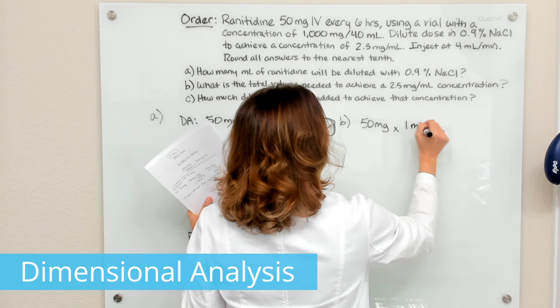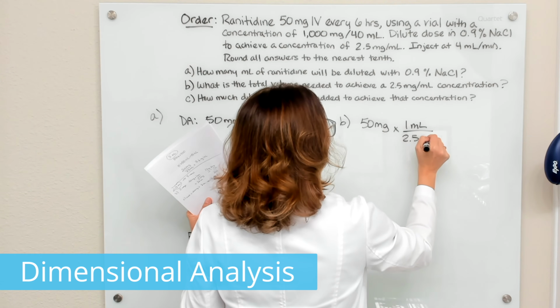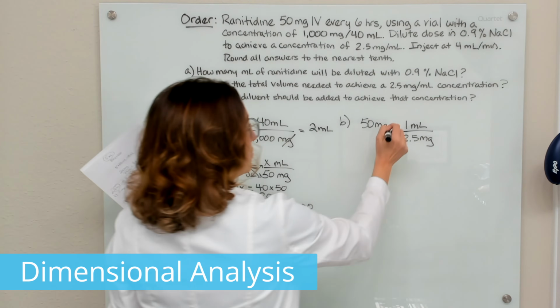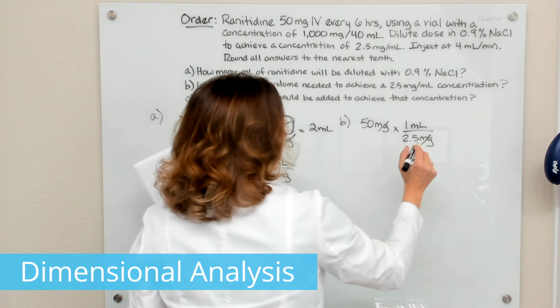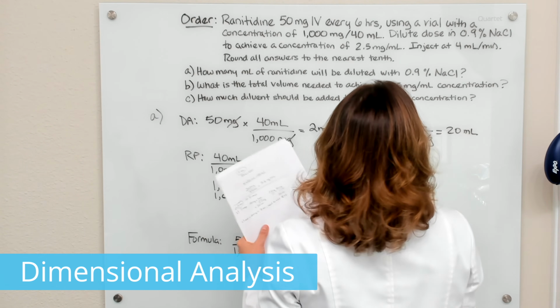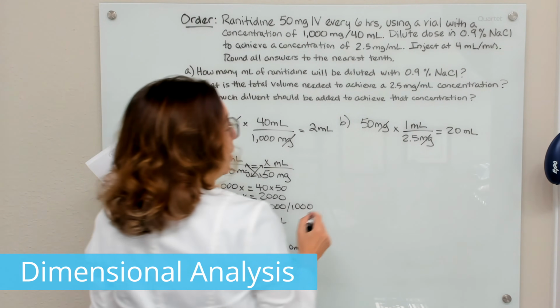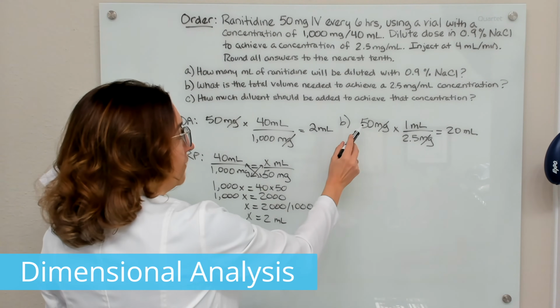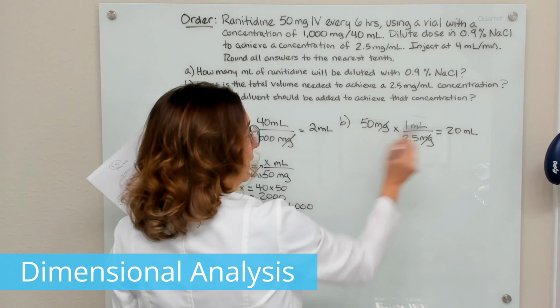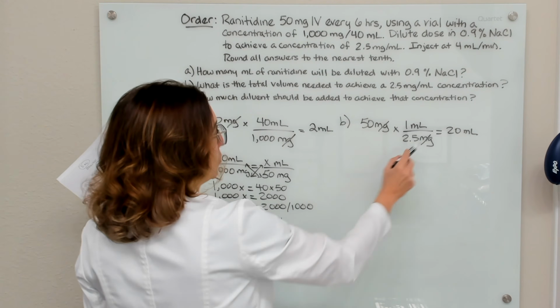So I'm going to put my milliliters on top, and I'm going to put my milligrams on bottom so that my milligrams cross off. And if we multiply this out, we end up with 20 ml. So in order to achieve this concentration, I need to make sure my 50 milligrams is in 20 mLs of solution. And I just solved this using dimensional analysis.